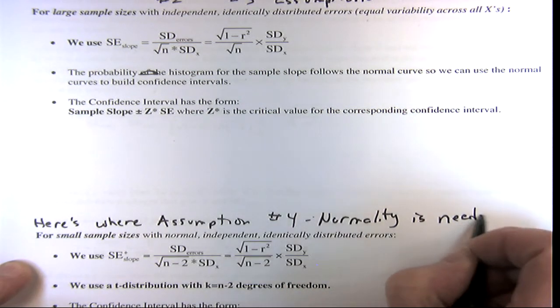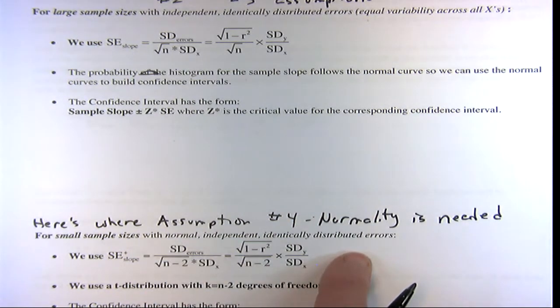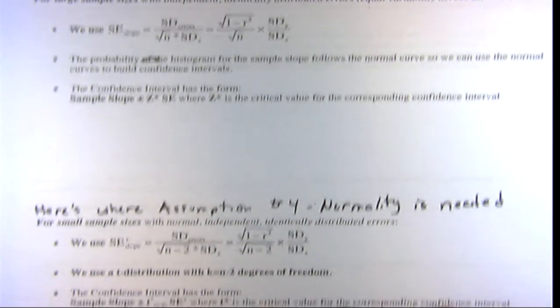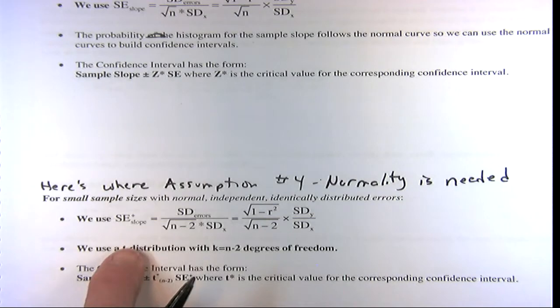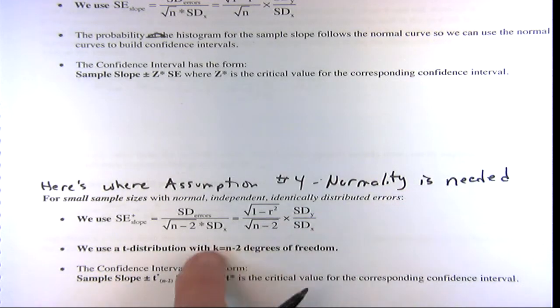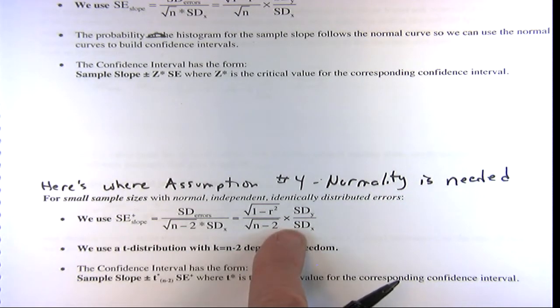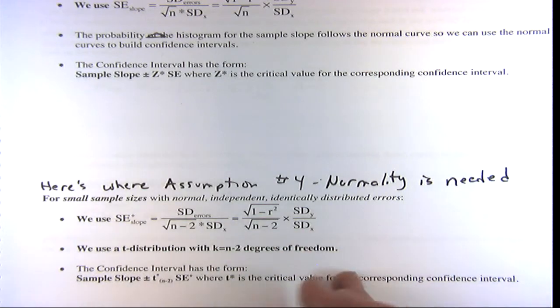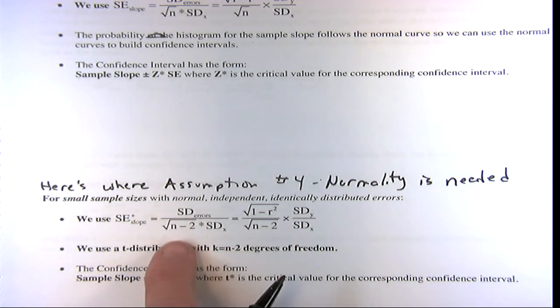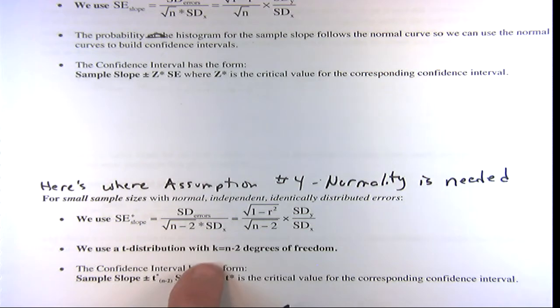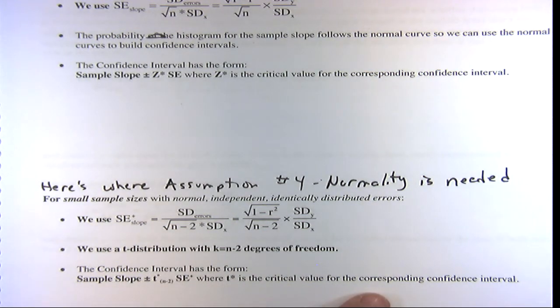It's needed in small sample sizes if we want to use the t-distribution. And then we need that assumption number 4, we need to look at that. And here, when we use the t-distribution, we make a standard error plus, which is a little bigger, and then we use these t-curves. And the confidence interval has this form. Okay?